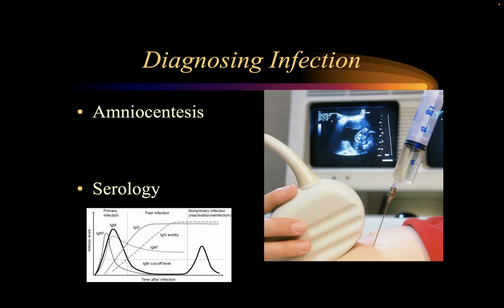So this can not only help make the diagnosis of something like a CMV infection, it can also help you time the infection to determine whether or not the fetus is at risk. Some infections occur so early that we know the mother has already developed an immunity and the fetus will not be affected. So the timing of the infection can be very helpful in counseling the patient. And then to absolutely confirm whether there's still virus present, we can do an amniocentesis test for the infectious agent within the amniotic fluid. Next slide.